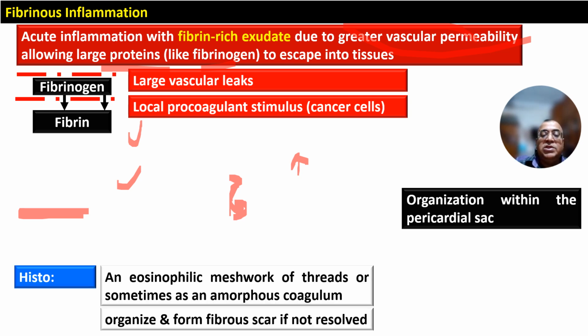Histologically, there is presence of eosinophilic or pink colored meshwork of threads or sometimes amorphous coagulum. This may organize and form fibrous scar if not cleared away by the macrophages.